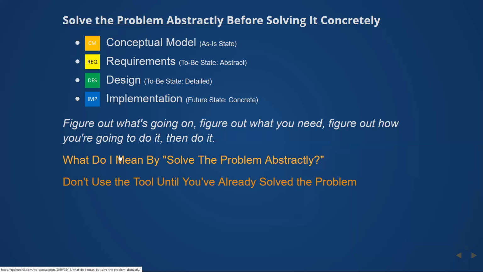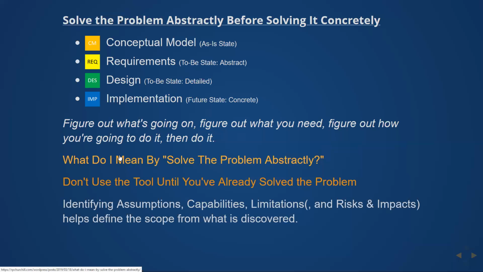So figuring out which equation to use is kind of the conceptual model and requirements. Getting it formatted properly and figuring out what to include and not include is the design, and then plugging the numbers in and grinding out the answer is the implementation.